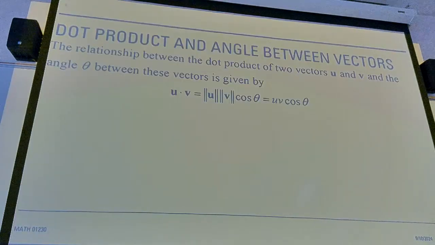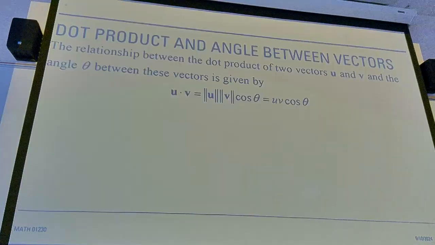What does it mean for vectors to be orthogonal? They're at 90 degrees from each other. Well, I guess they're always at 90 degrees. They're perpendicular. Orthogonal is a fancy way of saying perpendicular for vectors.